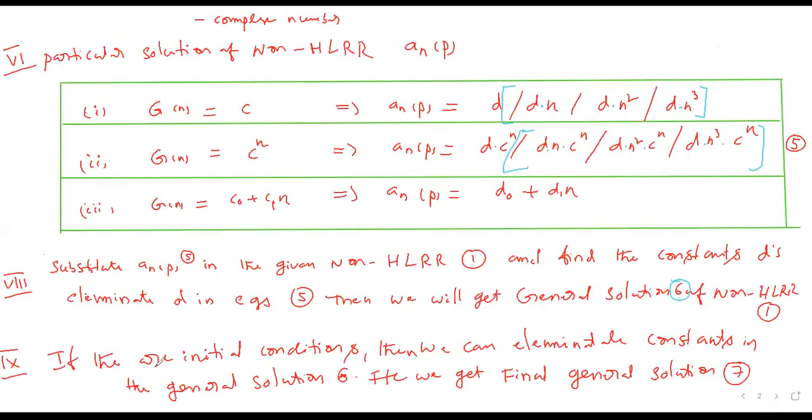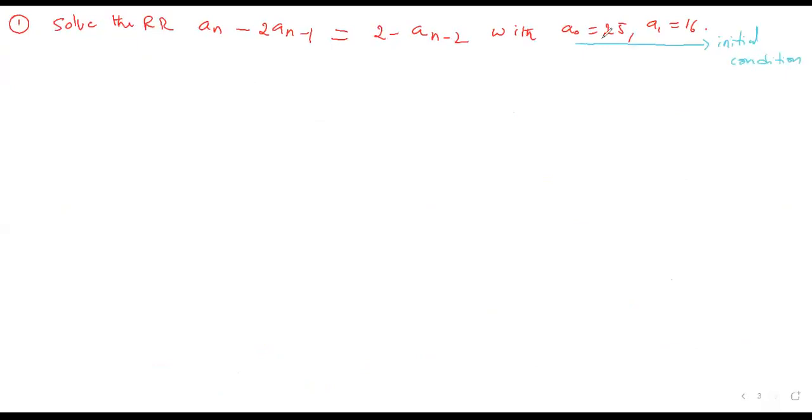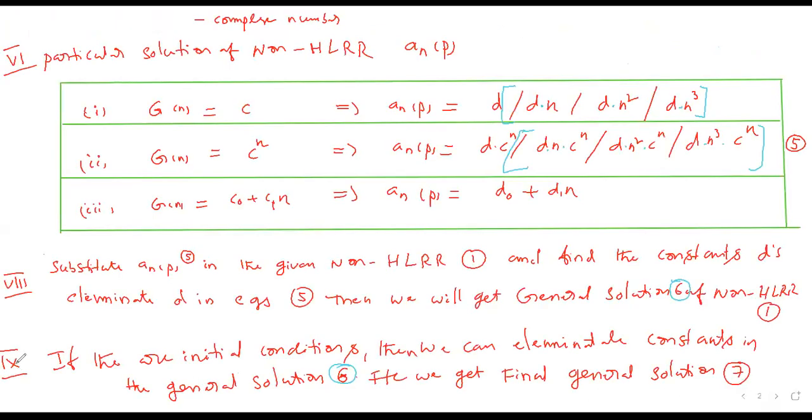If there are initial conditions, then we can eliminate the constants in the general solution 6. In case there are initial conditions, a_0 equals 25, a_1 equals 16, that means in the procedure we have to solve this ninth step also.